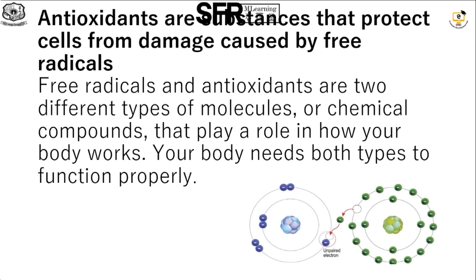Antioxidants scavenge the free radicals, and the unpaired electron present in the free radical is scavenged by the antioxidants. So oxidative stress can be reduced by the presence of antioxidants. Natural antioxidants can be obtained from our food, from the diet.